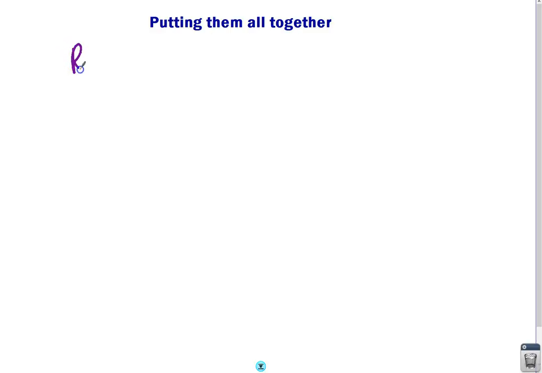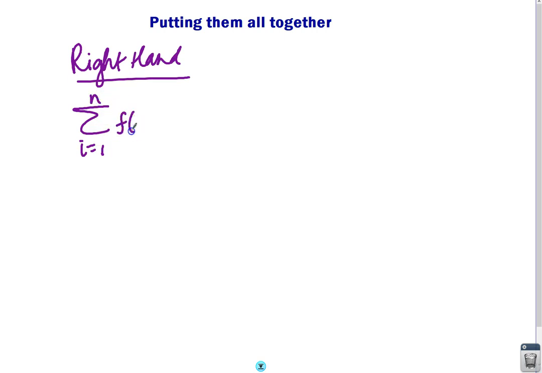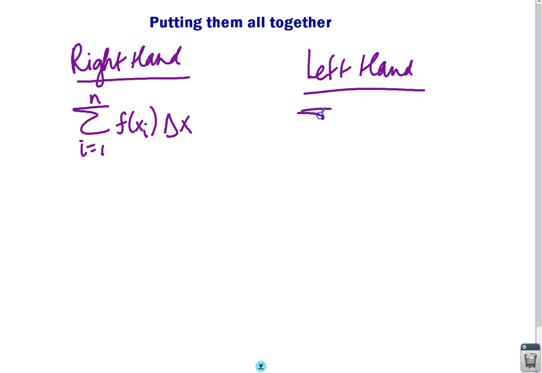The first one we did was the right hand. That is the summation, i equals 1 to n of just your function times delta x. That's really not that difficult. Left hand. That is the summation i equals 1 to n of f of xi minus 1 times delta x.